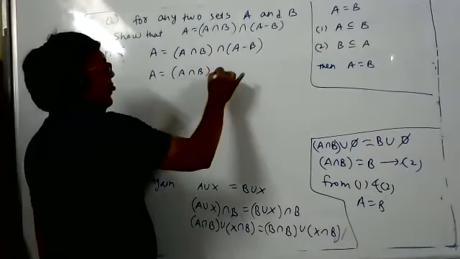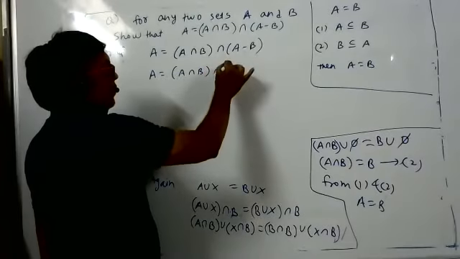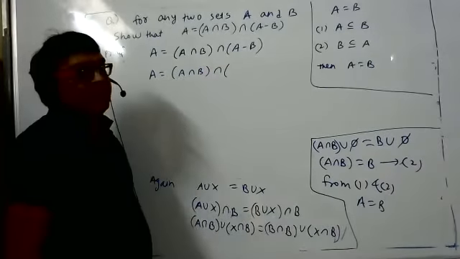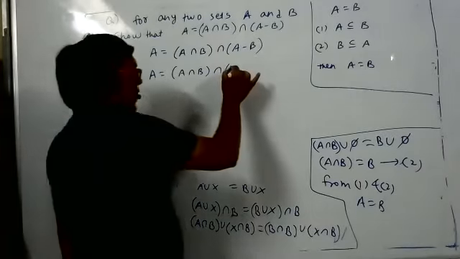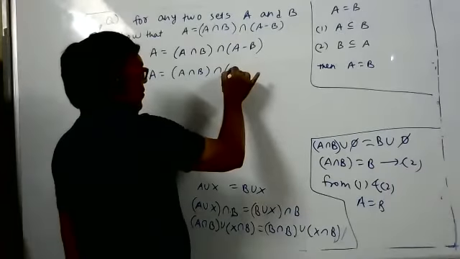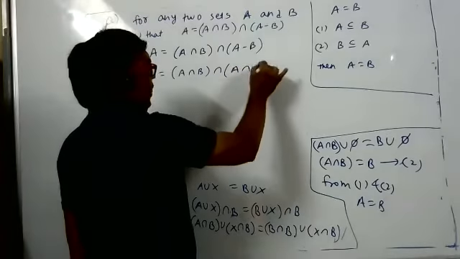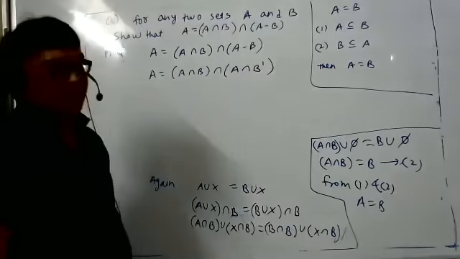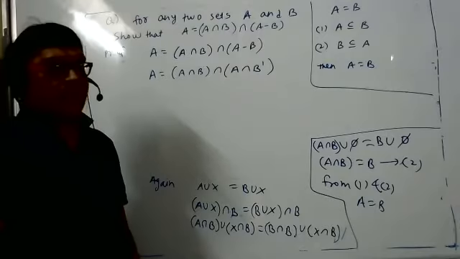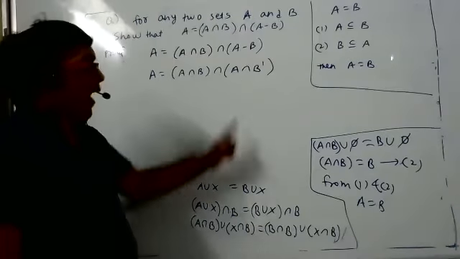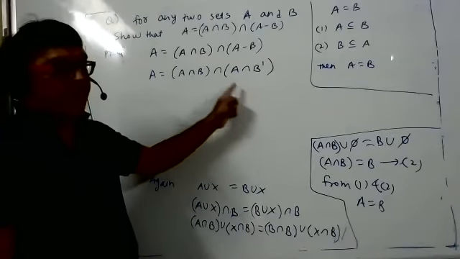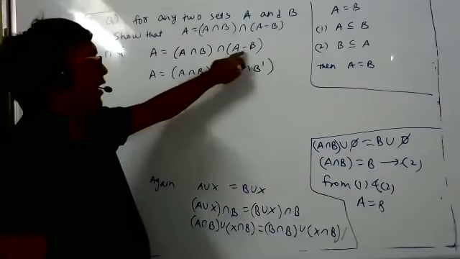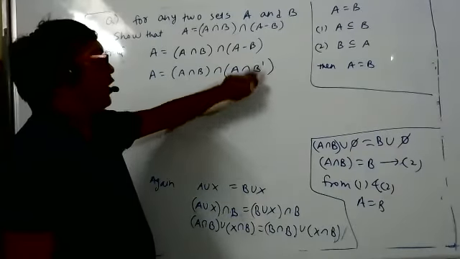Tell me, student, what is the formula of A minus B? A minus B means A intersection B complement. Is it correct or not? Correct, sir. By Venn diagram also you can analyze this formula. I am proving this, not taking some example. A minus B is A intersection B complement.